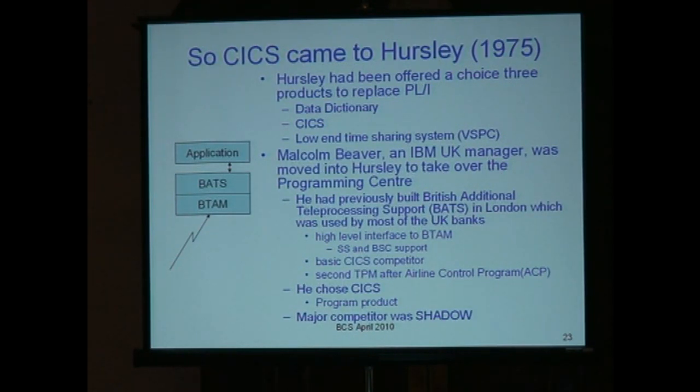So, if we're getting rid of PL/1, we obviously need some work. So in the great and good of the higher management, they said, here's 3 products you can have: data dictionary, CICS, or a low-end time sharing system.